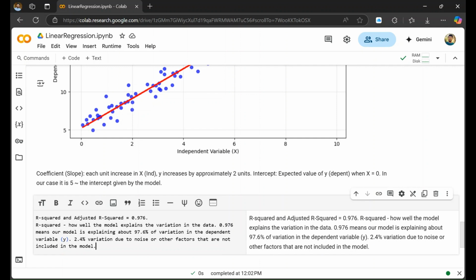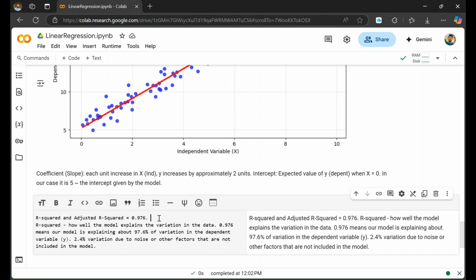Now, what is adjusted R square? Adjusted R square is similar to R square, but when you add unnecessary predictors, it penalizes your model, meaning it reduces. It tells you that there are unnecessary variables, so you can refine the model. In our case, both are the same because we only have one predictor.